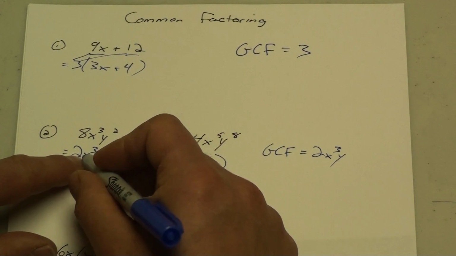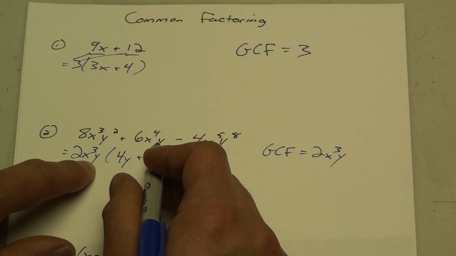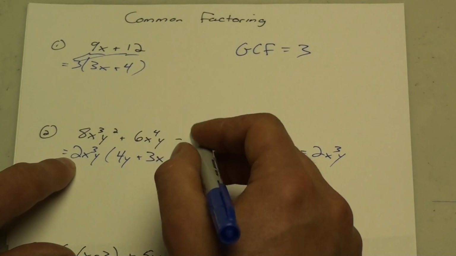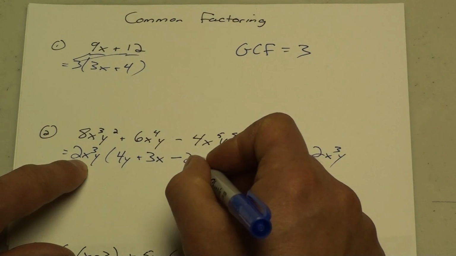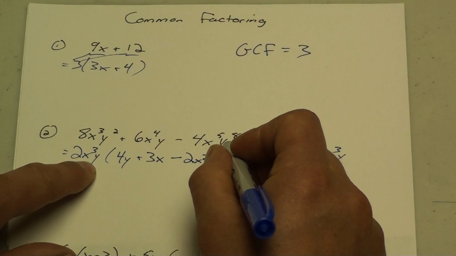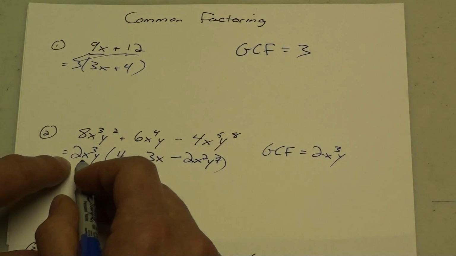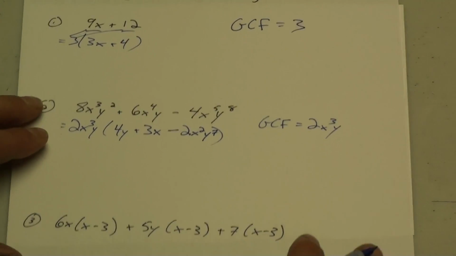And x^4 divided by x cubed, subtract your exponents, just an x. And then your y's, you're not going to have any y's left. Minus, and then 4 divided by 2 is 2. Subtract your exponents, x^5 divided by x cubed is x squared. Subtract your exponents on the y's, and I'll have y^7. Greatest common factor goes in front, and then you divide all your terms by that greatest common factor.